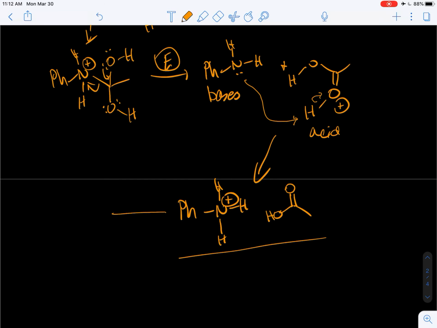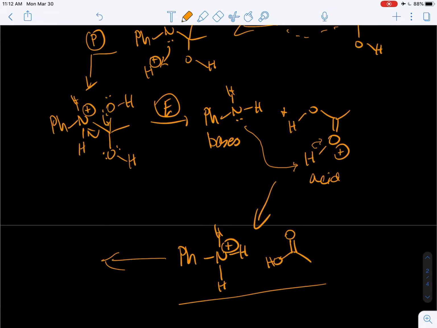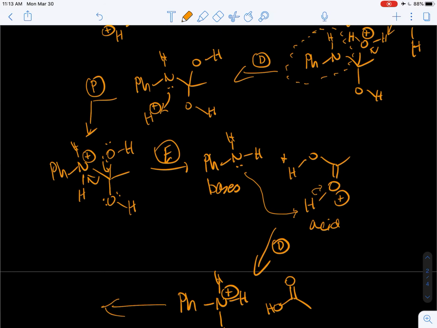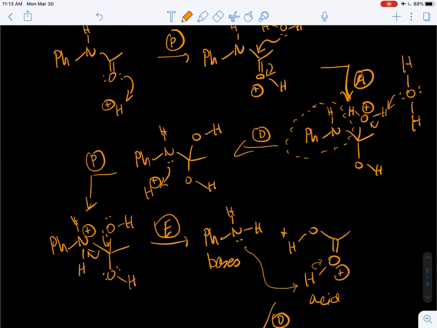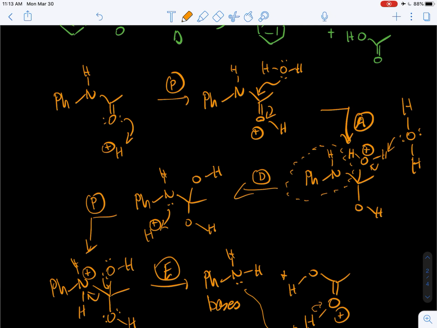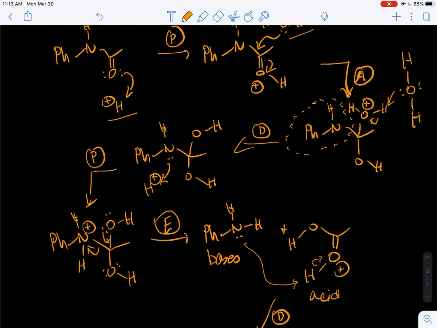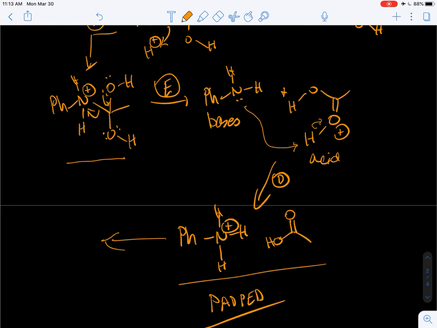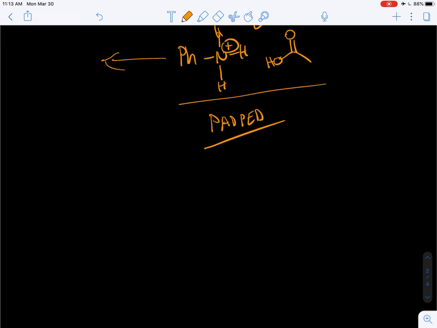But you could then subsequently work this up with a mild base. So that right there is a deprotonation, however you want to look at it. So that's PAD-PED once again for the reaction mechanism. Okay, so again, amides are very unreactive substances, but we have first protonation, and that triggers attack of water, proton transfers, we eliminate aniline, and then there's this acid-base reaction at the end. So that's the hydrolysis of amides.